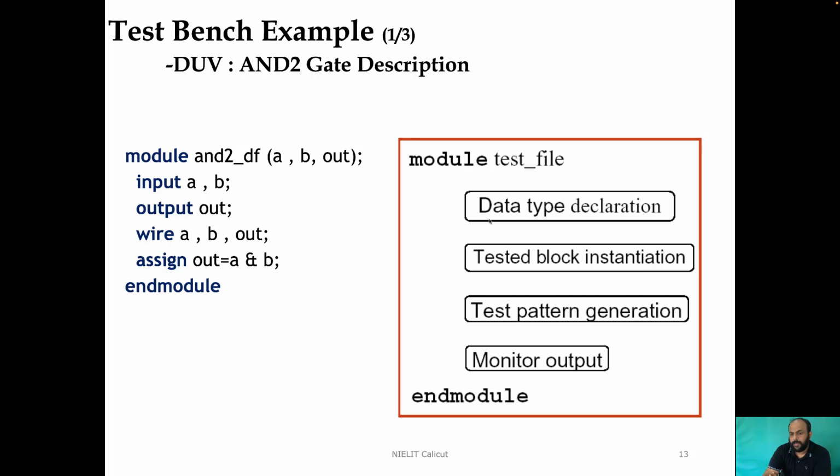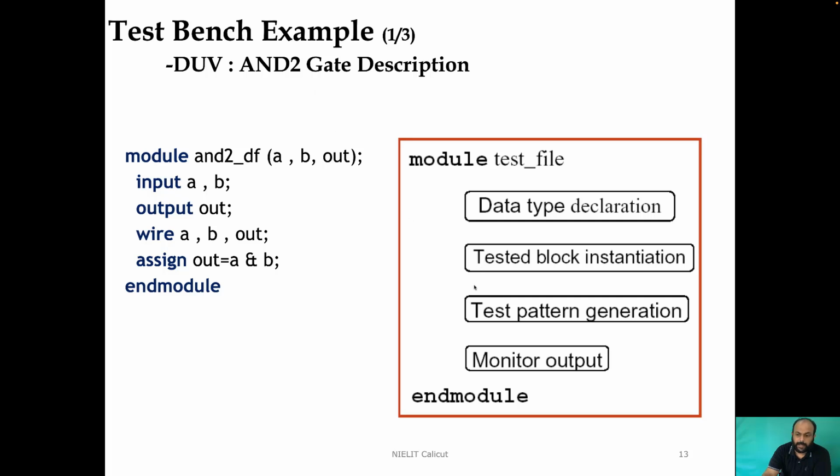Then it will be carrying basically 4 components. One is declaration of its internal ports and wires. Then you have to instantiate the design to be verified. In this case, the design to be verified is AND2_DF, which is a 2 input AND gate.